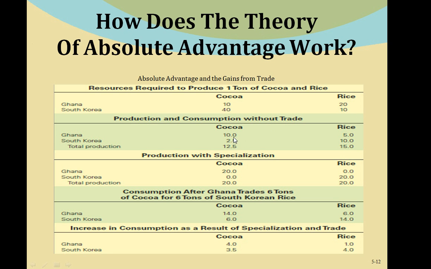So with 10 tons of cocoa and 5 tons of rice, Ghana has used up the 200 resources. For South Korea, it is 2.5 and 5. Altogether, the maximum production is 12.5 for cocoa and about 15 for rice.